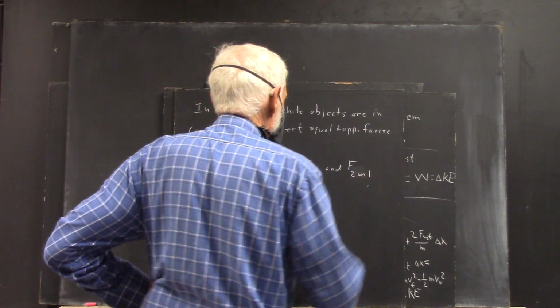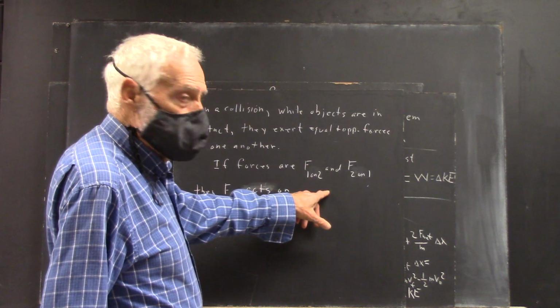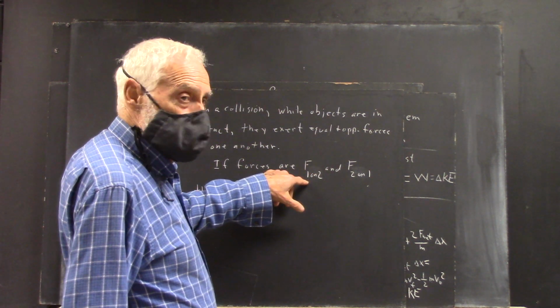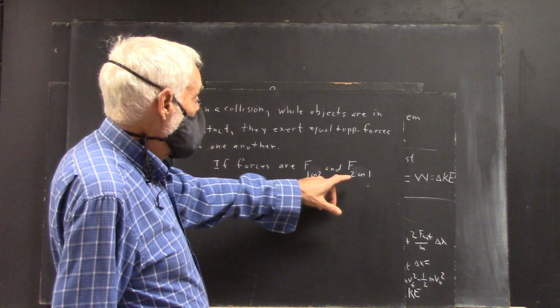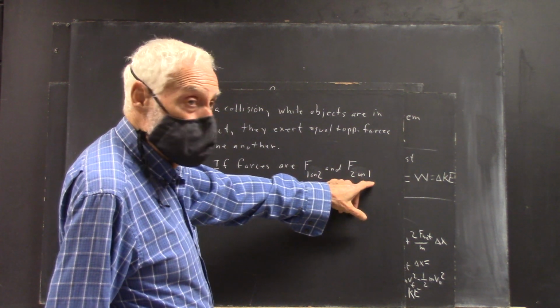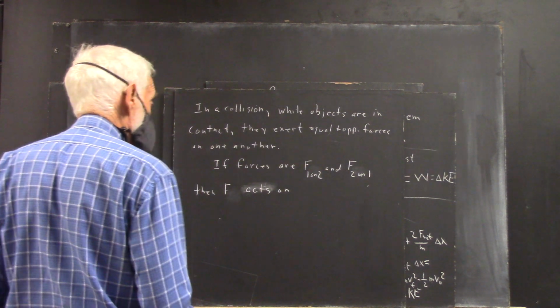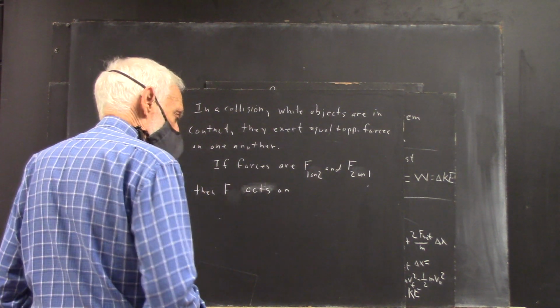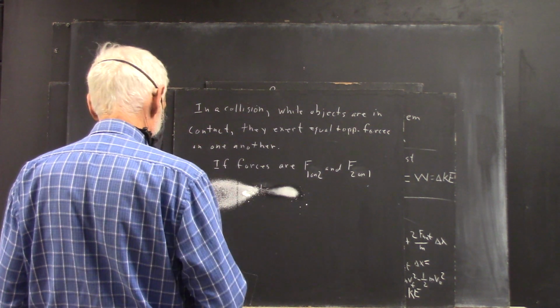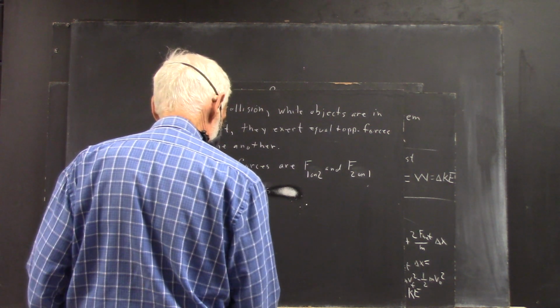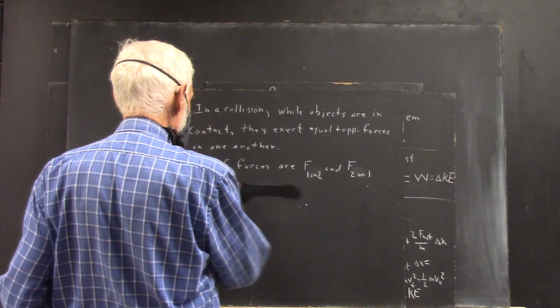Okay, they wrote it this way. F1 on 2. That's a force exerted by mass 1 on mass 2. This is a force exerted by mass 2 on mass 1. Now I don't have to say which one acts on which. And save me having to admit there's something I just can't remember.